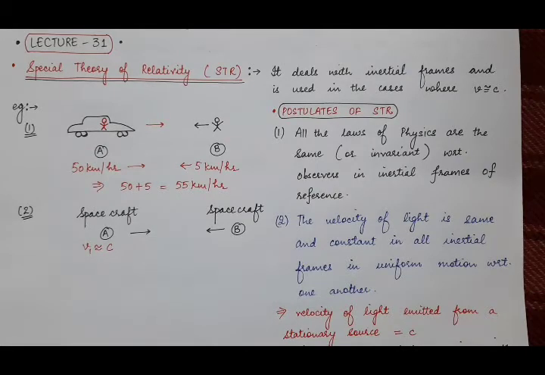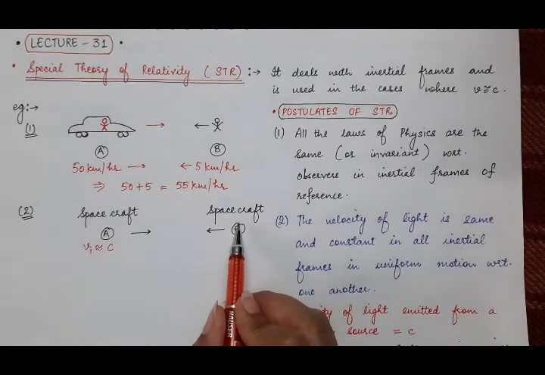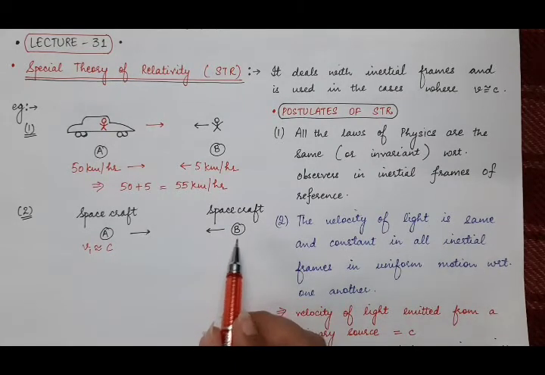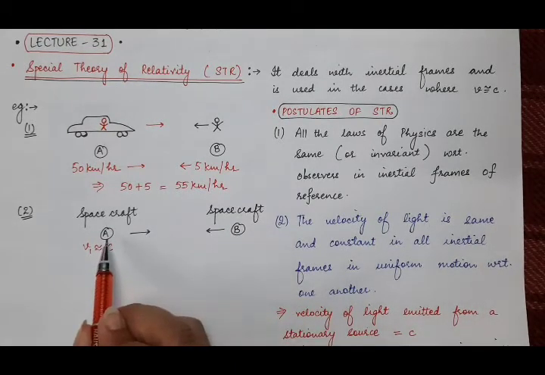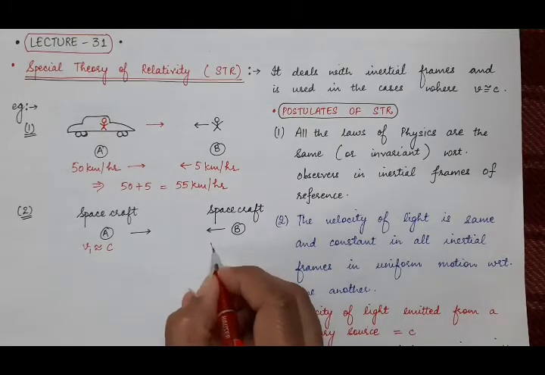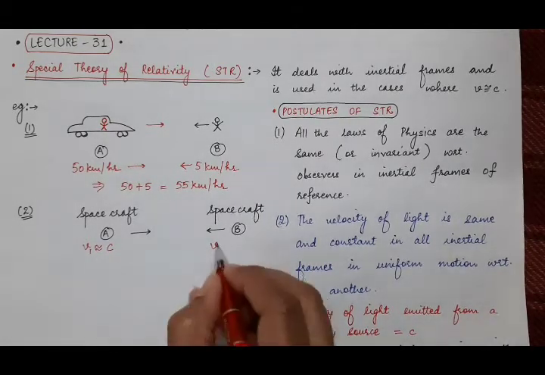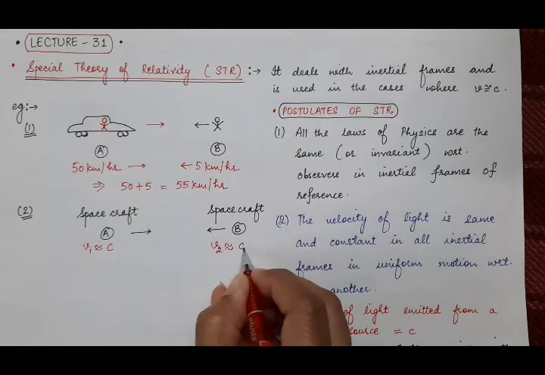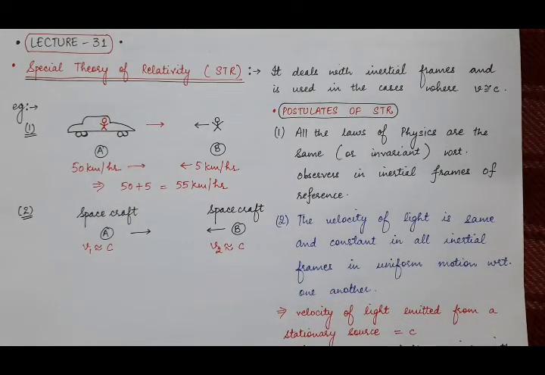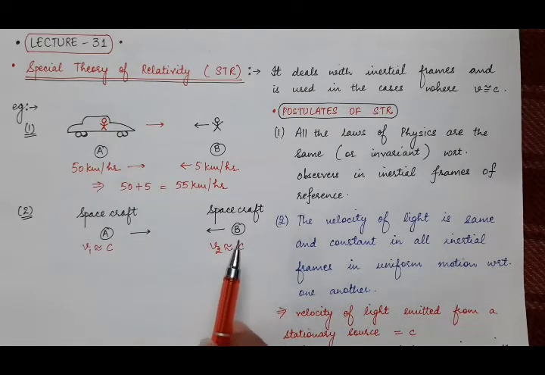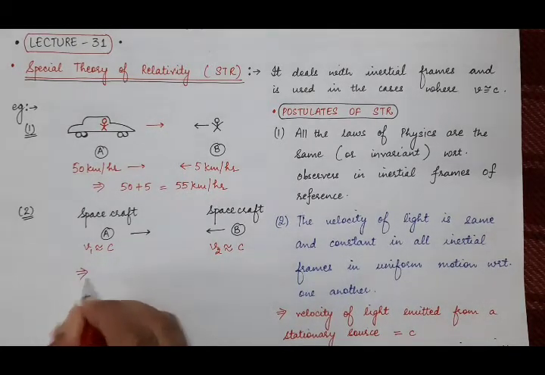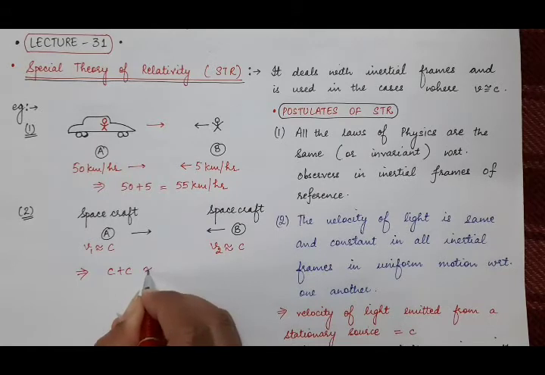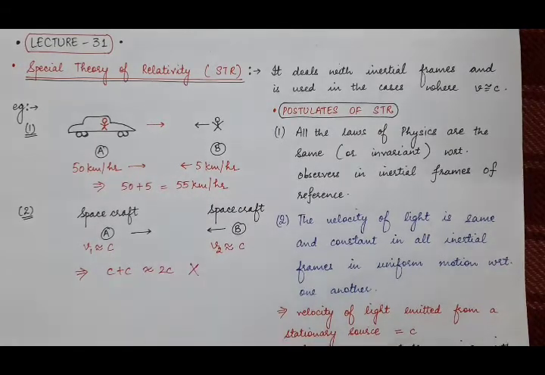At the same time, there is another spaceship B approaching spaceship A, and suppose it has velocity v2, also comparable to the velocity of light. So what will be the relative velocity of spaceship A with respect to B and spaceship B with respect to A? Will it be c plus c? Will it be 2c? No.